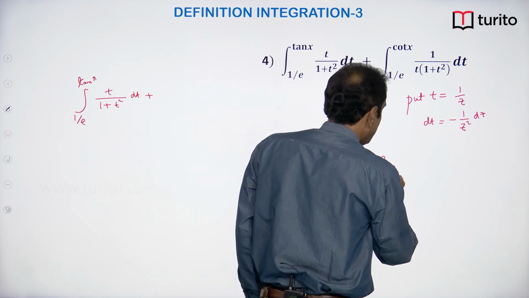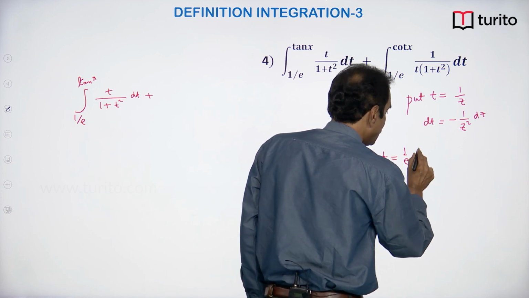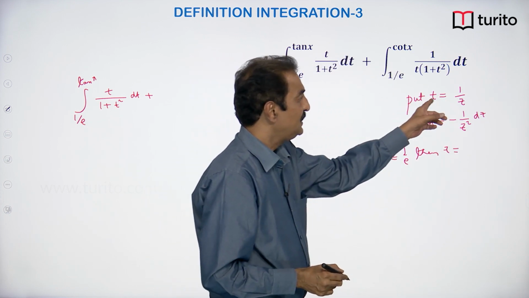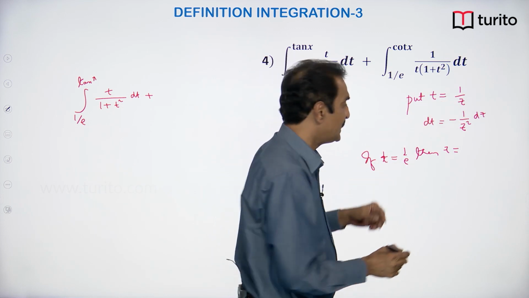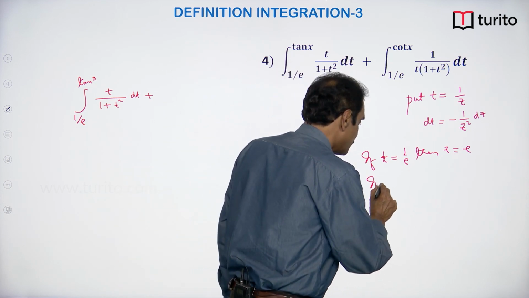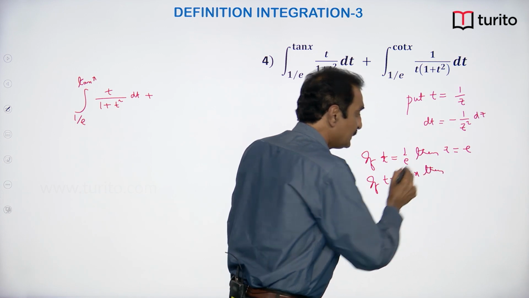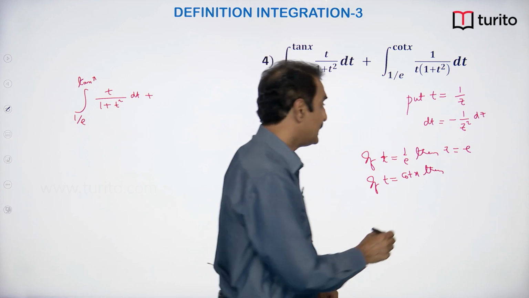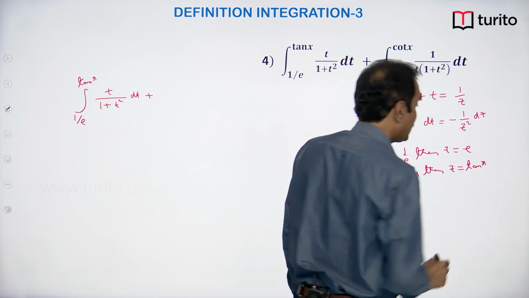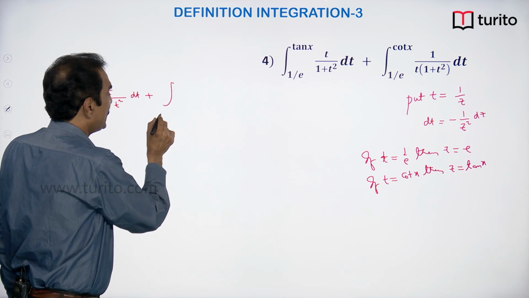If t is equal to 1 by e, then what is the value of z? 1 by e is equal to 1 by z, then z will be e. If t is equal to cot x, then z will be tan x. Okay. Now, new limits are e to tan x.